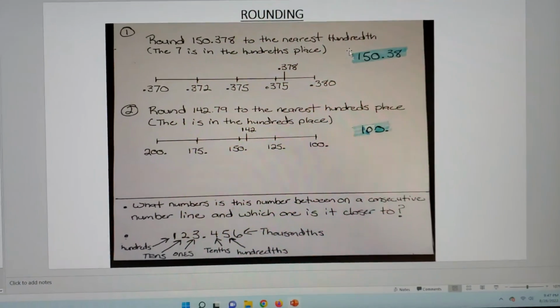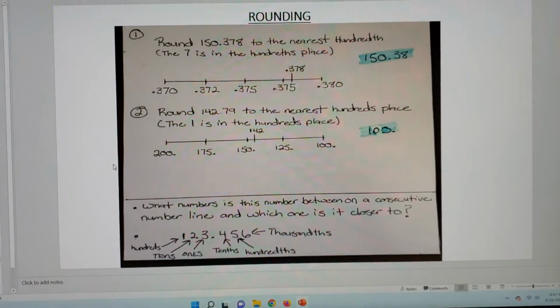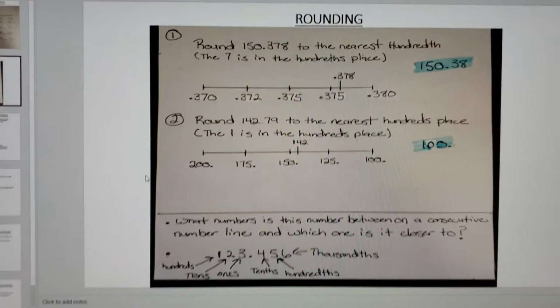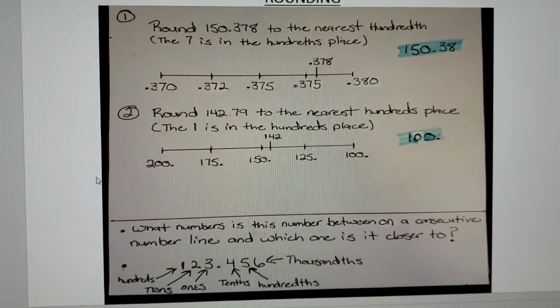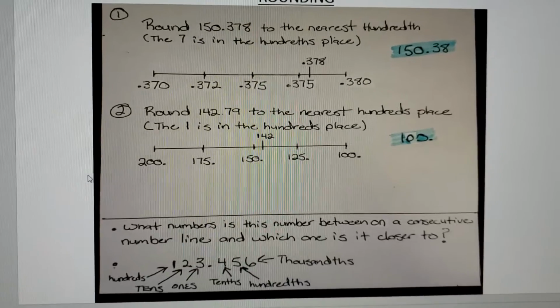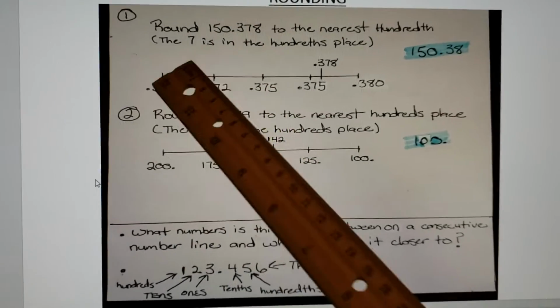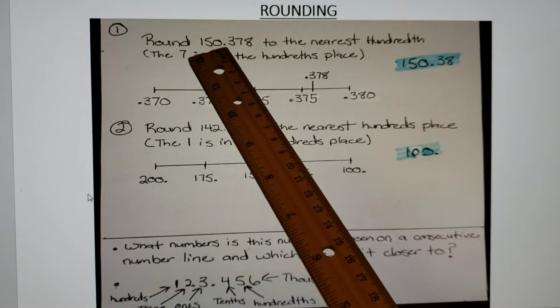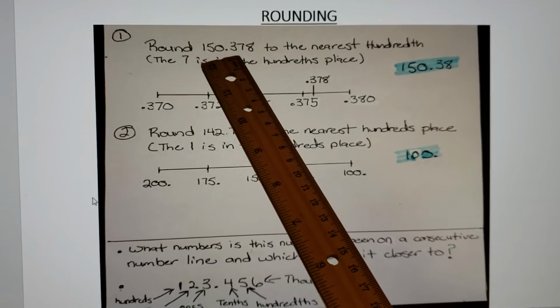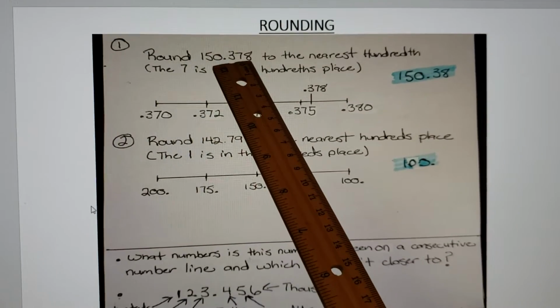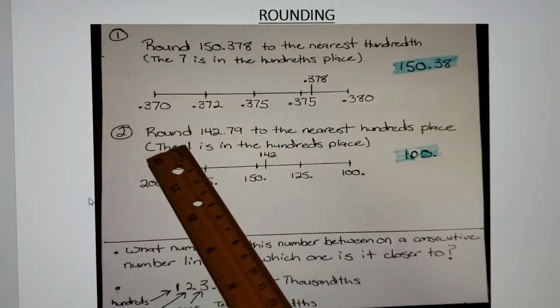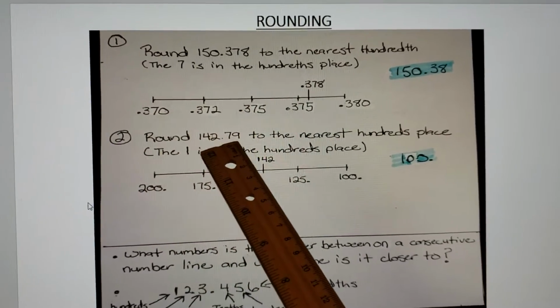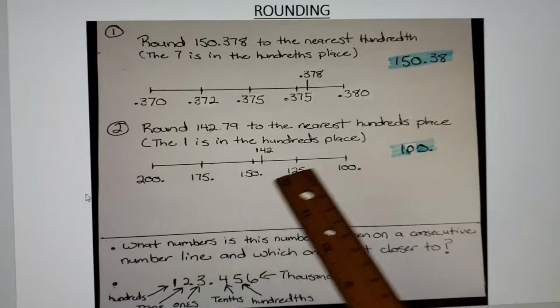My first slide is rounding, and the problems that I picked on the quiz were round 150.378 thousandths to the nearest hundredth, and round 142.79 to the nearest hundredths place.